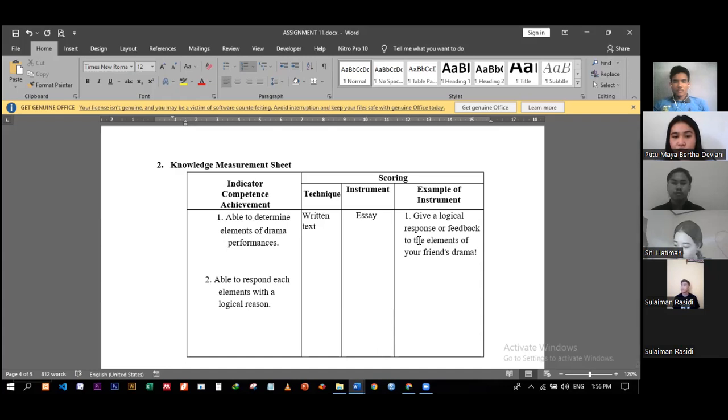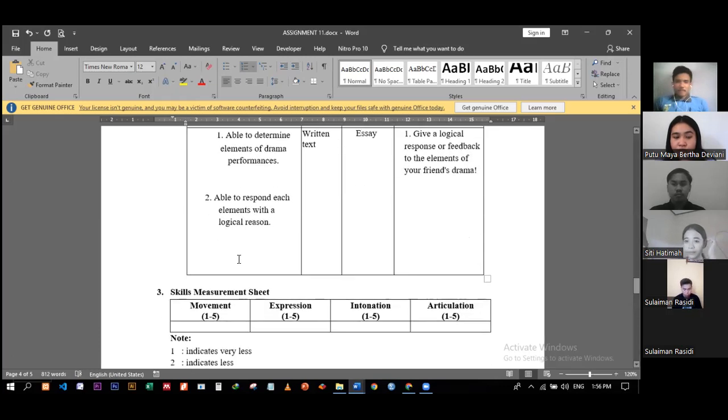In the scoring, we score the technique, instrument, and example of instrument. For the technique, we use writing text, and the instrument is essay. For the example of instrument, the students must give a logical response or feedback to the elements of their friend's drama. So that's all about the observation and knowledge measurement set assessments.